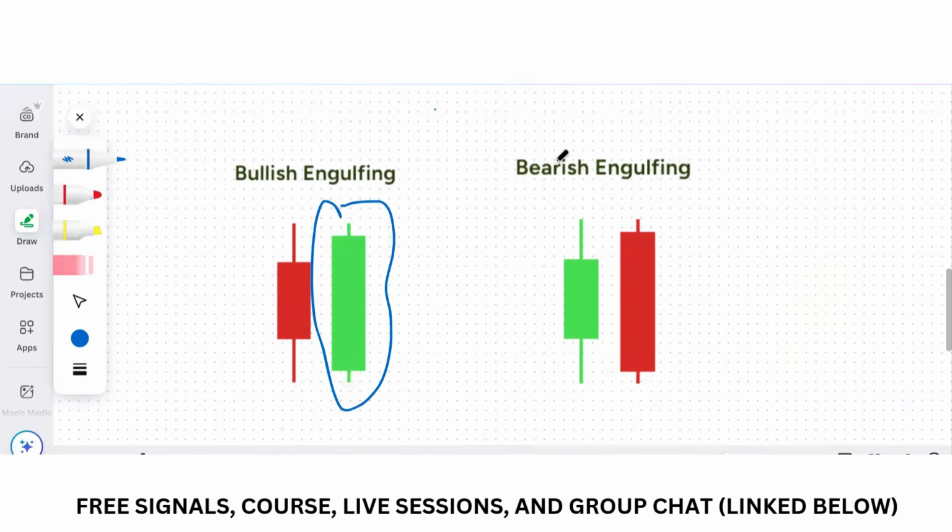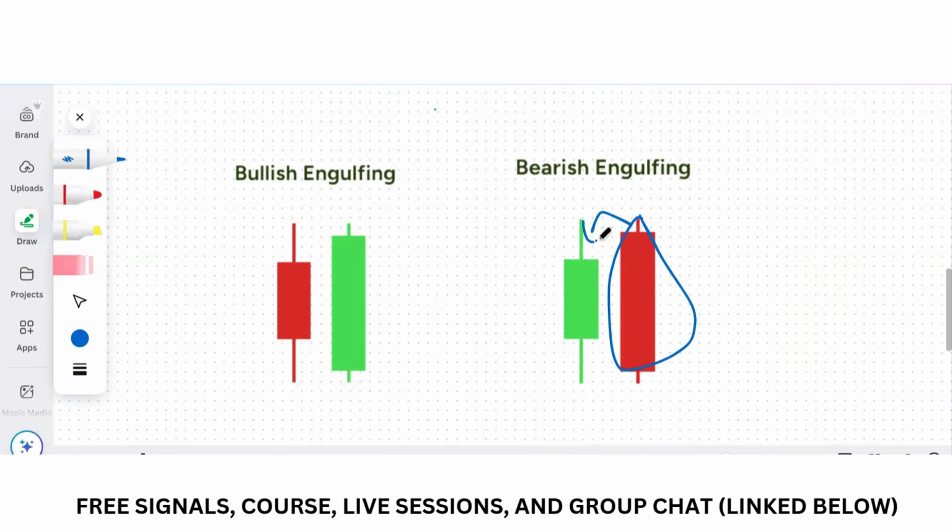Now, if we see bearish engulfing, guys, and that is a sell candle engulfing, it is overpowering a buy candle. This could indicate a downtrend that is about to happen. So we have bullish engulfing, where buyers are taking over, and bearish engulfing, where the sellers are taking over.